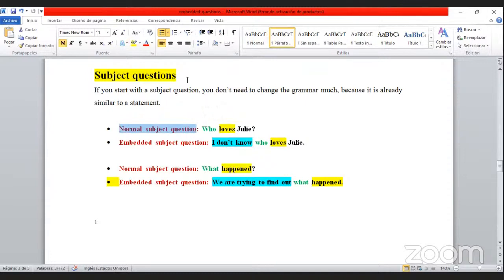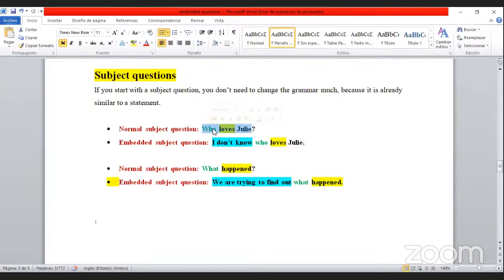These are called subject questions. When we don't have subjects, we are going to maintain the whole question. Okay, for example, I'm going to put my embedded question, I don't know. So after my embedded question, I will put all the question. I don't know who loves Yuli, because in this case, I don't have an auxiliary and I don't have a subject, okay?